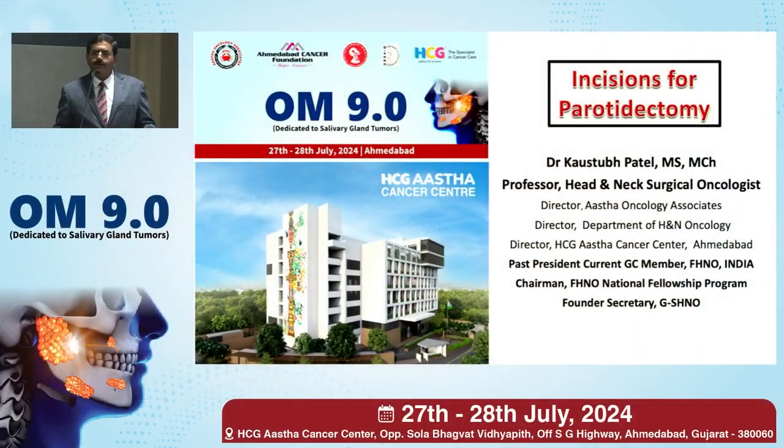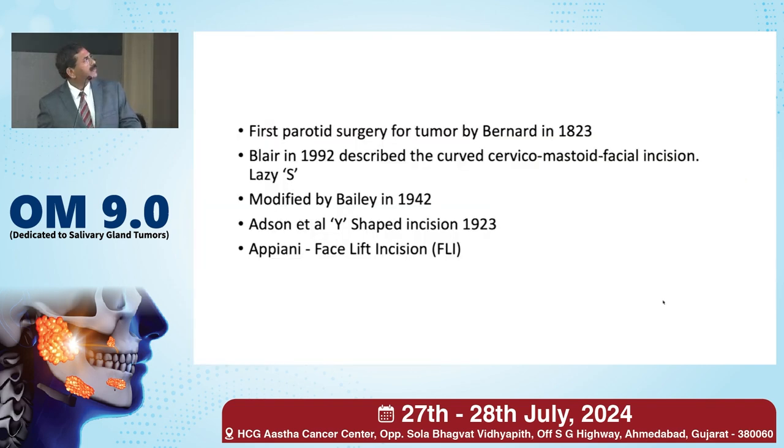It's not a video, it's just a presentation. To begin, Daksha has shown a very good way to put a modified Blair incision. The first parotid surgery for tumor was done in 1823.